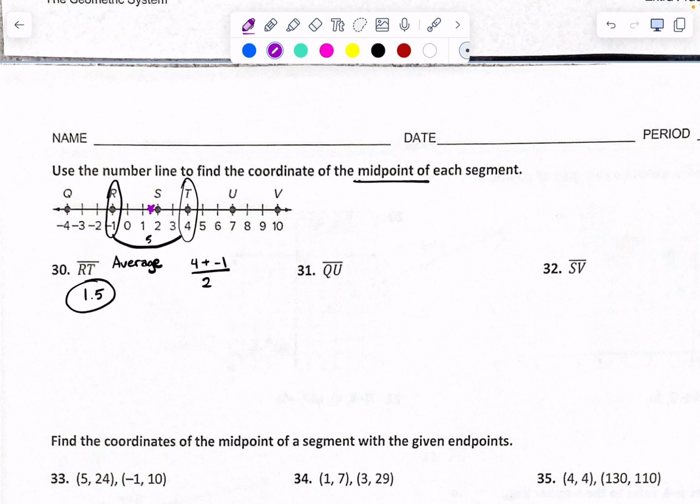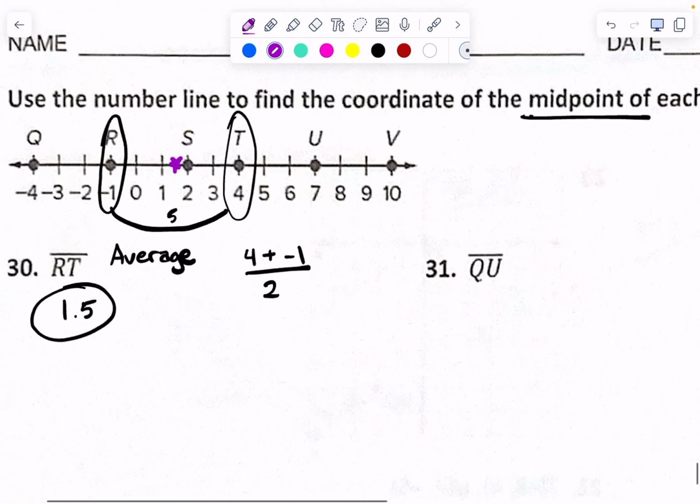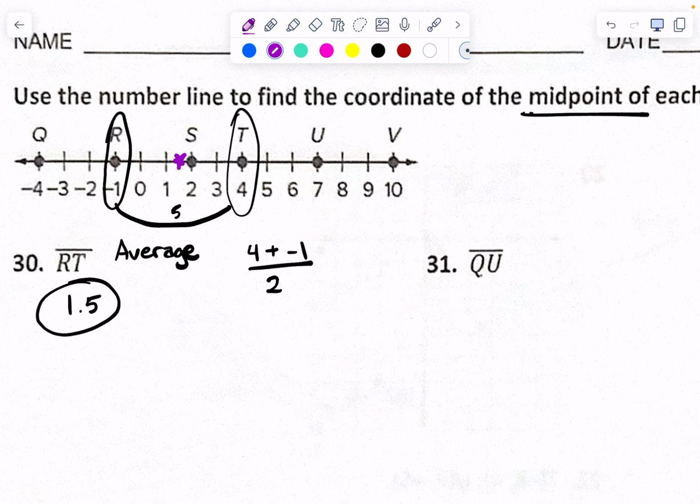I don't agree with your middle one. I miscounted. Yeah, okay. I got them.